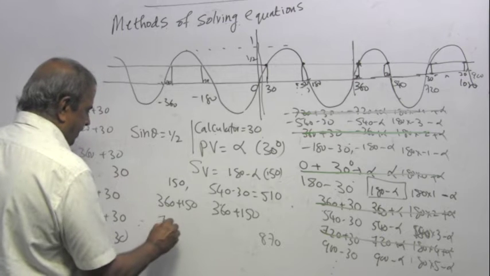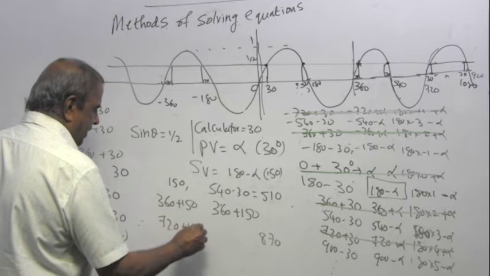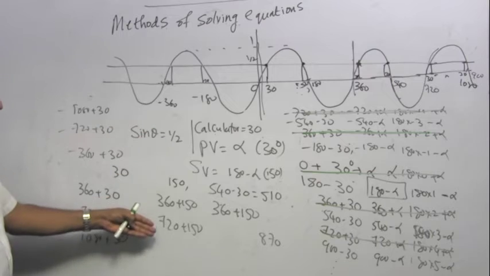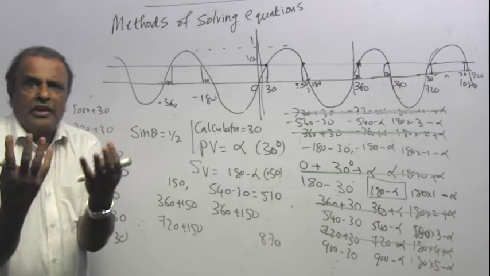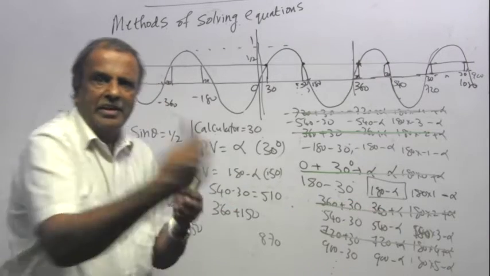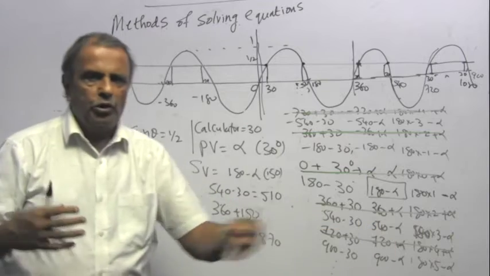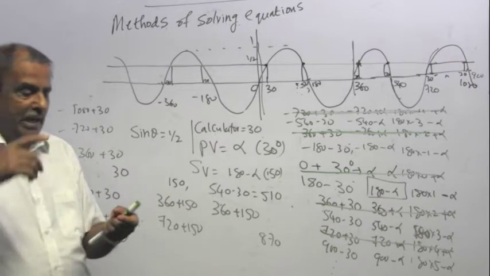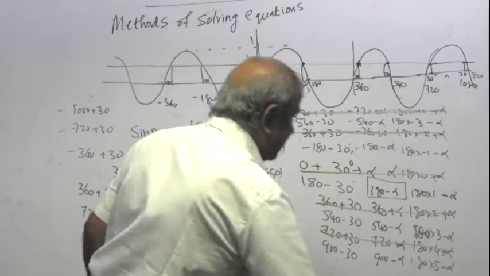What is 720 plus 150? So the way you did this, I'm doing the same thing. So I can stick to multiples of 360 and either add the principal value or add the secondary value. That is what I would prefer, because I don't like that minus 1 power n is confusing.